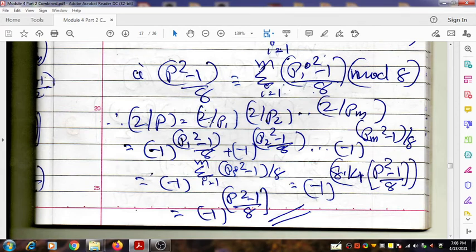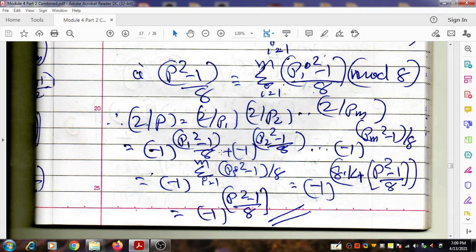And we also know the Legendre symbol value (2/p) in general, where p is an odd prime number, is equal to minus 1 raised to (p squared minus 1) divided by 8.